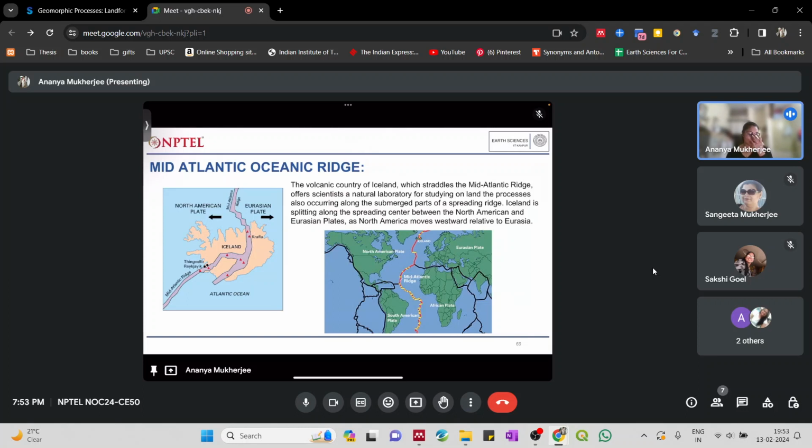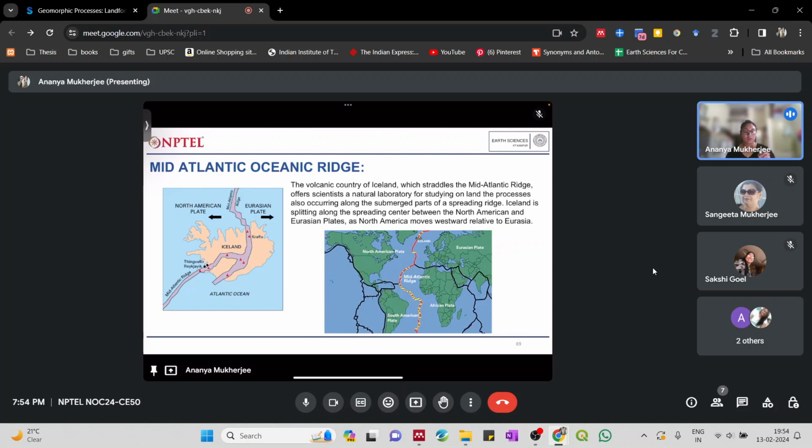Now mid-Atlantic oceanic ridge, most of us have learnt about it. So this is the example when the oceanic plates are moving away from each other, and the mantle material actually comes up to the surface, and it forms small mountain chains, or it could be very high also. The heights of these mid-Atlantic oceanic ridges can be pretty high in some areas where the depth of the oceans is much higher.